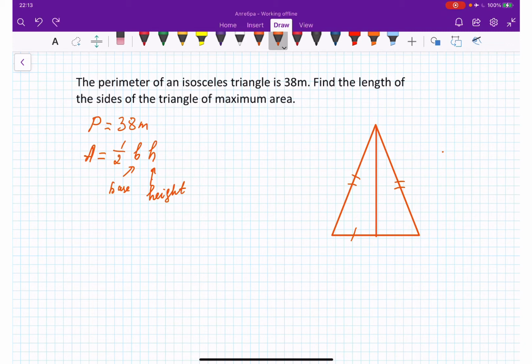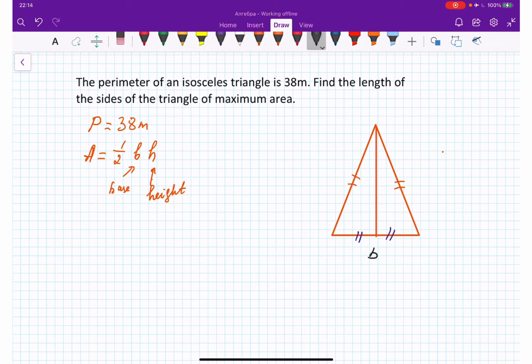Okay, let me put a different color here. This is equal to this side, okay? It's ugly. Okay, so the area we know is 1/2 B times H. But we have no idea how much is B, how much is H. And this is my B, it's a base.